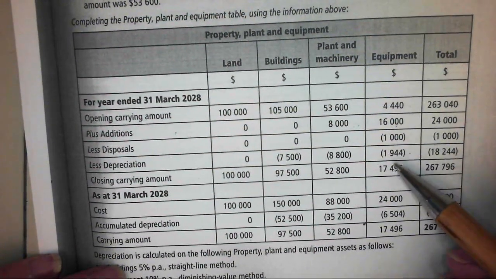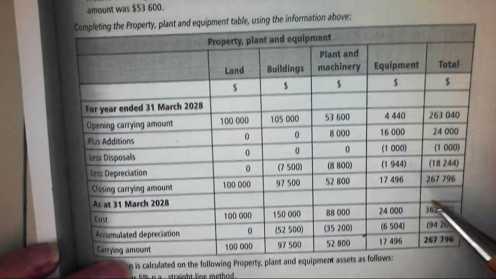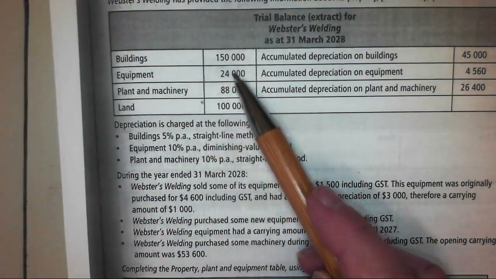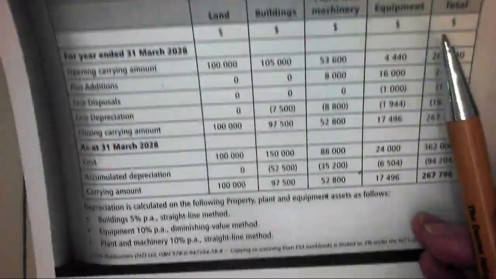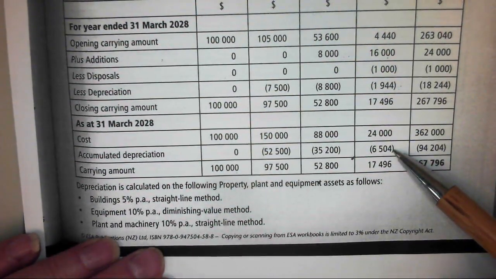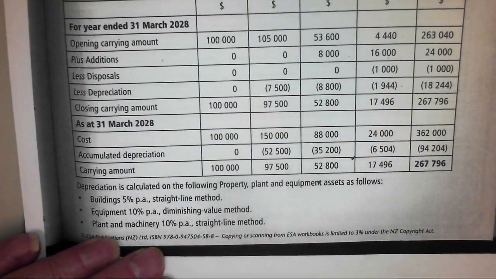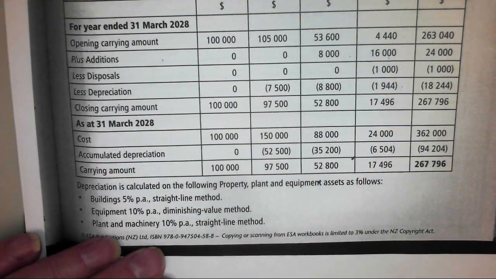And I know that one works, for example, because I've got my cost of my equipment asset, which is up there, 24,000. And down here it says I would have done my adjustment and adjusted my accumulated depreciation figure. So I'm saying overall, as at that date, that would be my carrying value of my equipment.